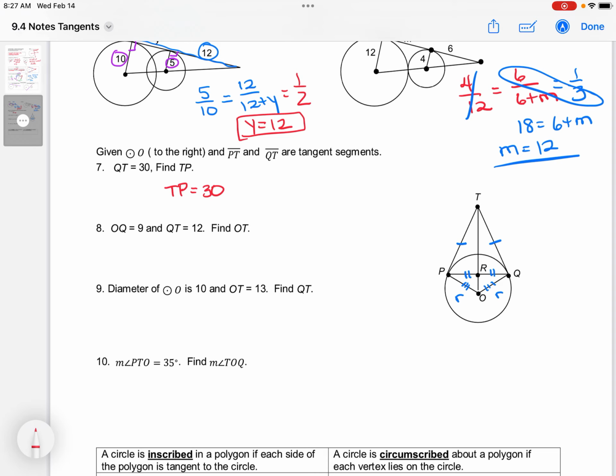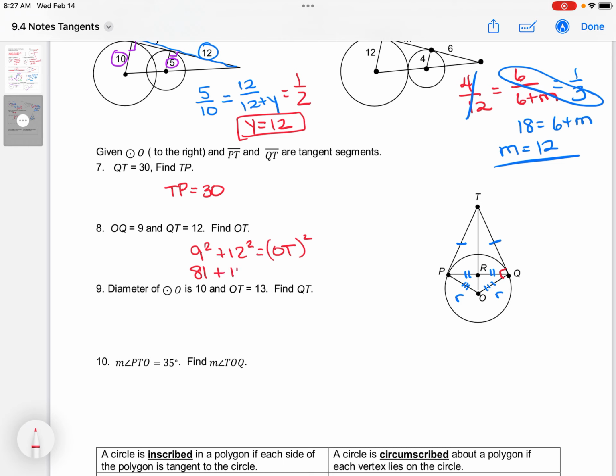If OQ equals 9 and QT is 12, okay, now we have a triangle with a right angle. So OQ is 9 and QT is 12, so we have 9 squared plus 12 squared equals OT squared.